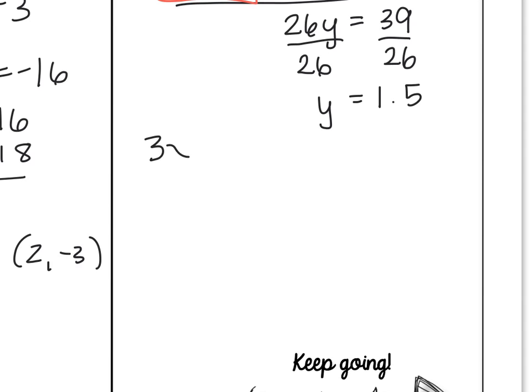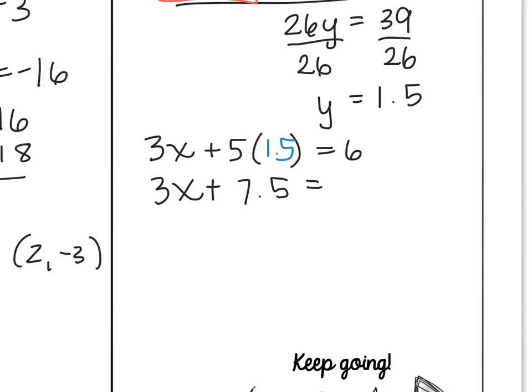So 3 times x plus 5 times y, which is 1.5, equals 6. So 3 times x plus, and 5 times 1.5 is 7.5, equals 6. So to solve for x, I'm going to subtract 7.5.